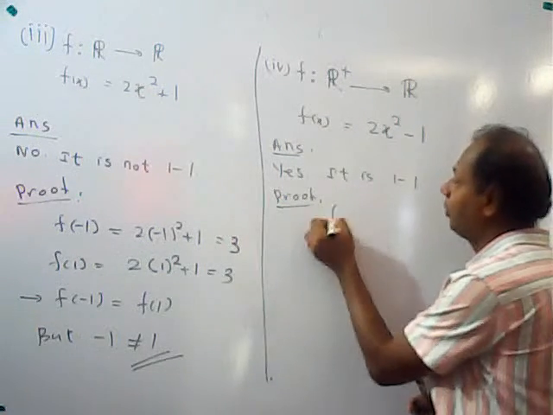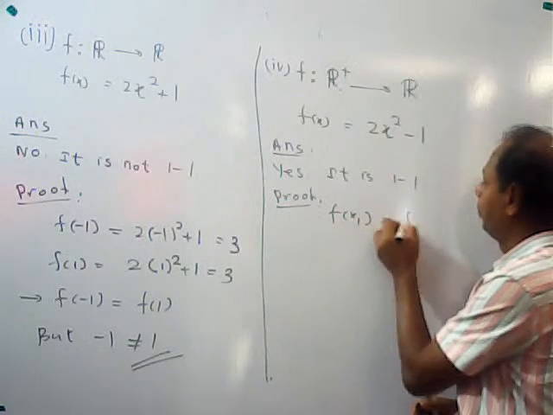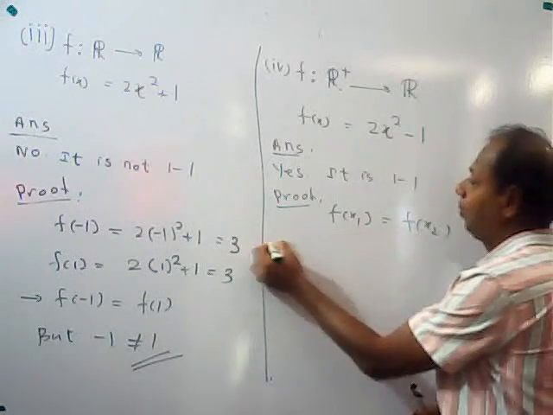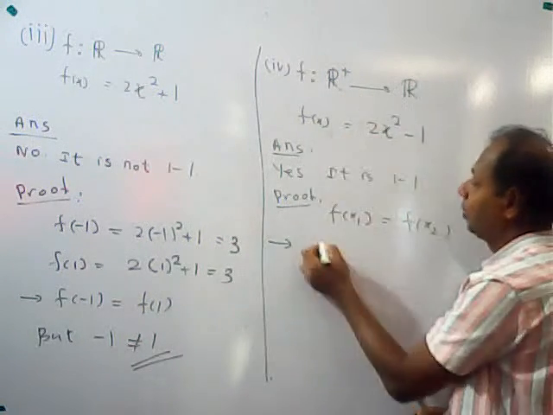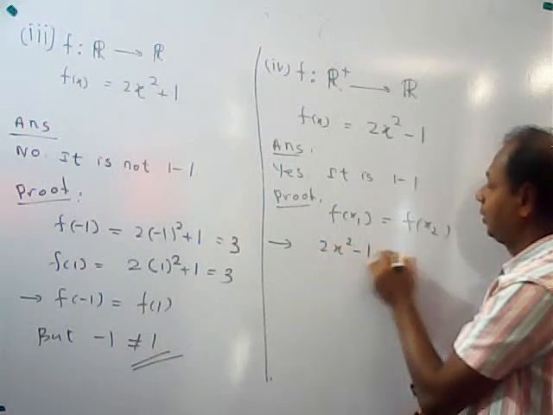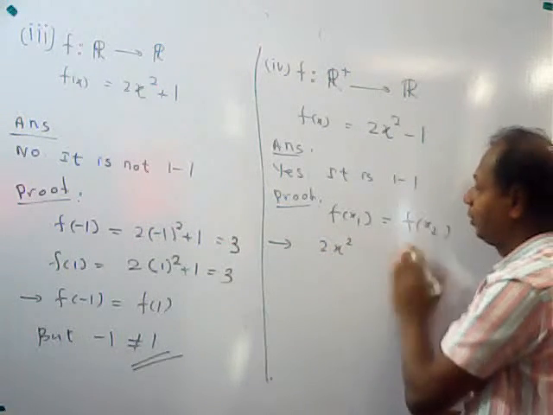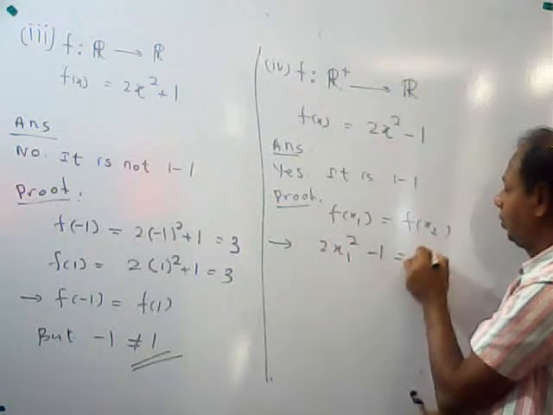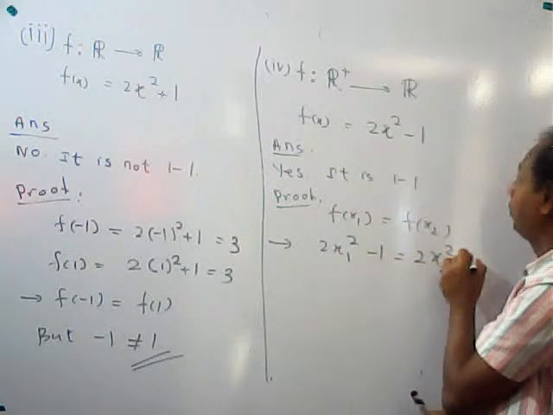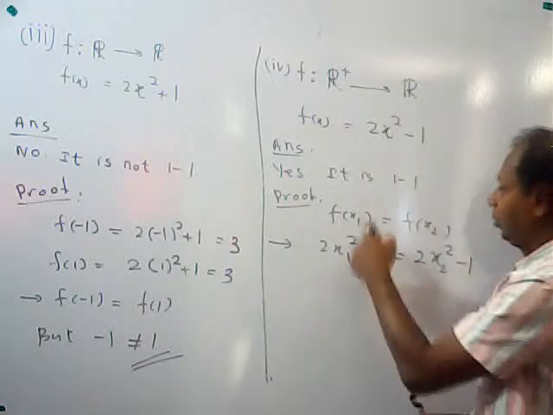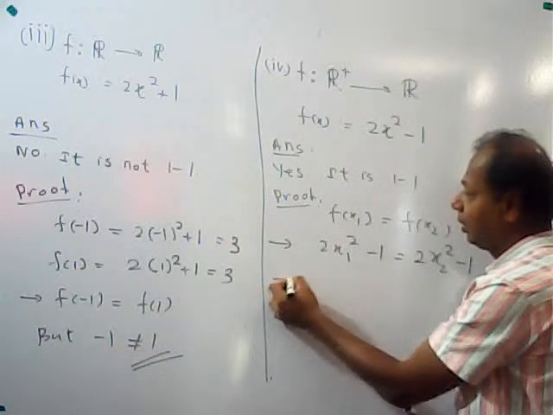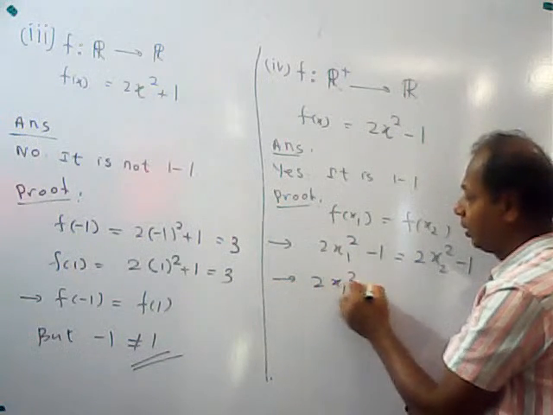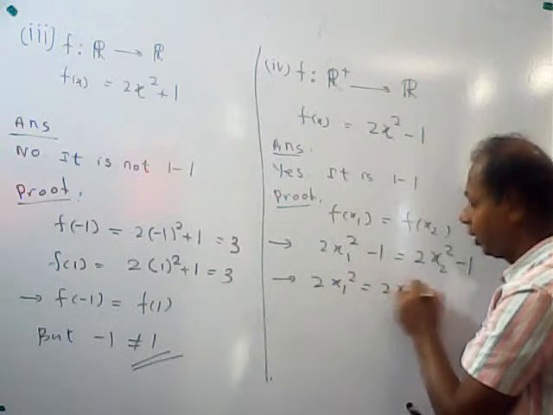So let fx1 be equal to fx2. Implies 2x1 squared minus 1 equals 2x2 squared minus 1. So minus 1 gets cancelled. That implies 2x1 squared equals 2x2 squared.